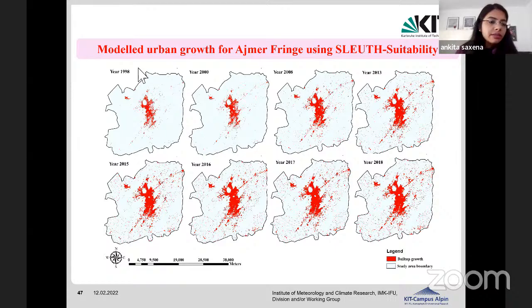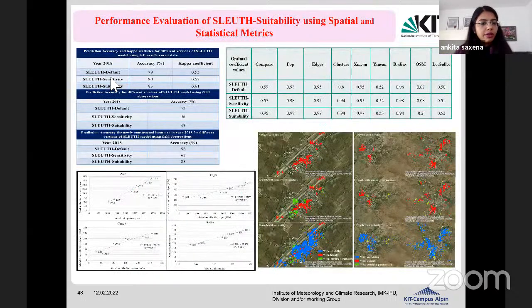And I developed two different variants of this SLEUTH model, like SLEUTH sensitivity, in which I tested various parameters for sensitivity, because the idea was that the same parameters which are constant in the model may not be appropriate for every region. Because it was developed in California and tested in those conditions, it might be different in our conditions, so it should not be constant. By using those sensitivity tests, I improved that model and the accuracy was further improved.